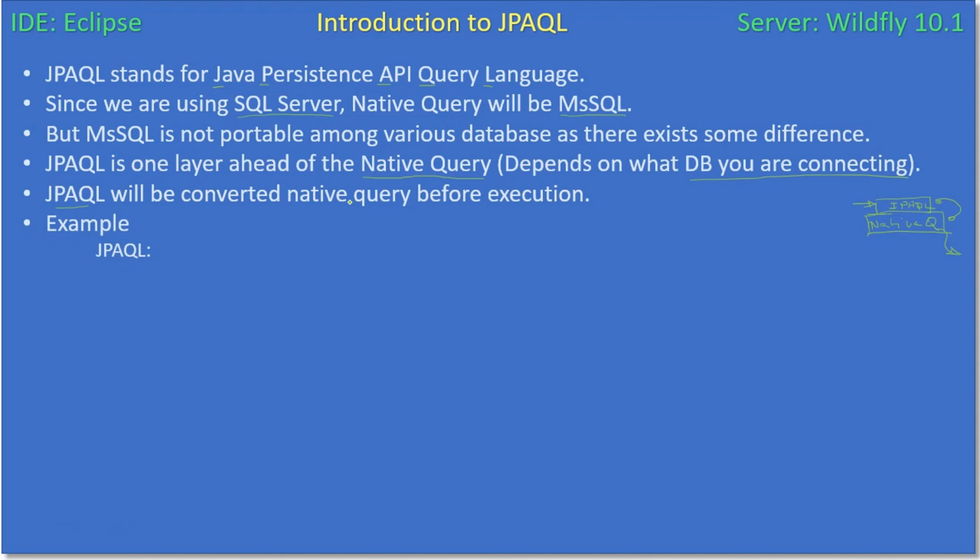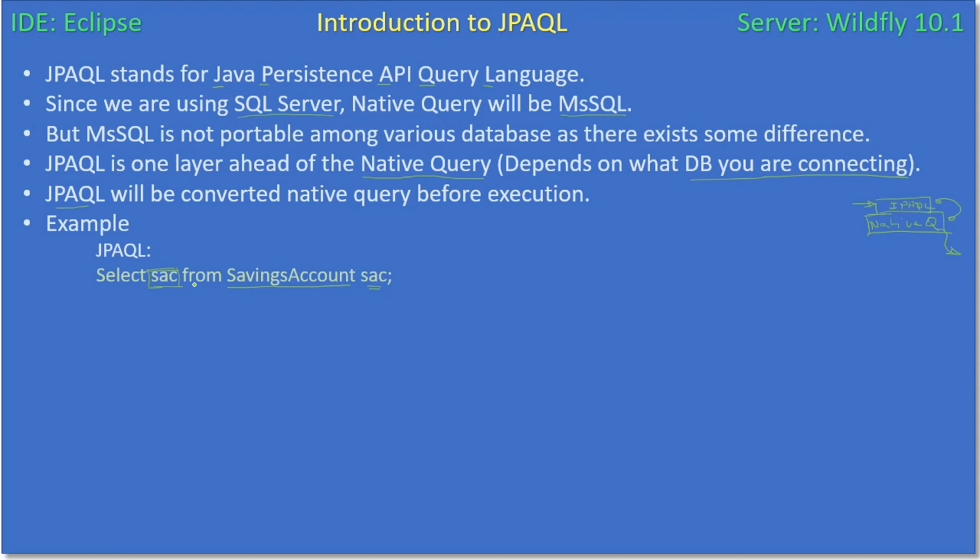Let's see an example. Here, SavingsAccount is the entity name, and SAC is the alias. Select SAC, here we are giving the alias name. This alias name tells that we are selecting the savings account entity.